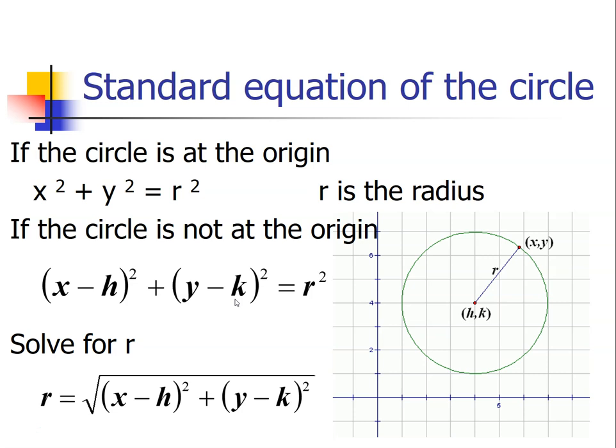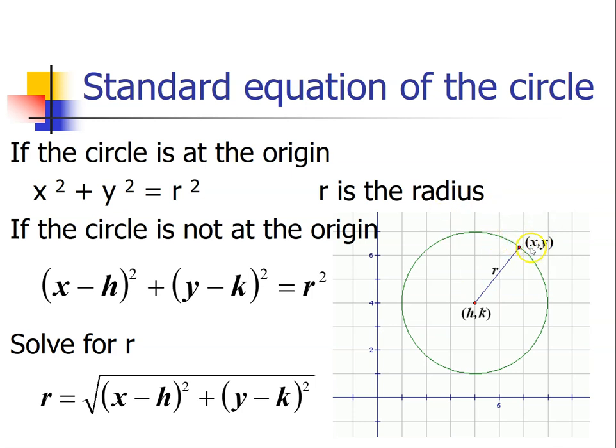Okay, let's try some examples of how to solve for the center of a circle and how to find the radius of a circle. To solve for r, r is the square root of (x minus h) squared plus (y minus k) squared, where h and k are the coordinates of the center of the circle, and x and y are any point on the circle.